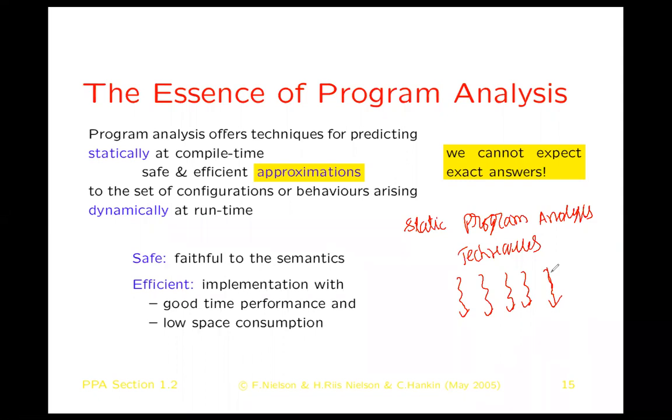And here, we do what are called safe approximations. These safe approximations facilitate transformations which don't change the semantics of the program. If you do an approximation which is not safe, and based on that you do a transformation that could change the semantics of the program, then the program is no good. If you're going to change the semantics of the program, then forget about it. It's not going to work.